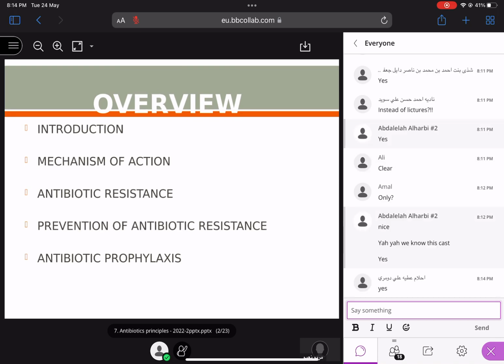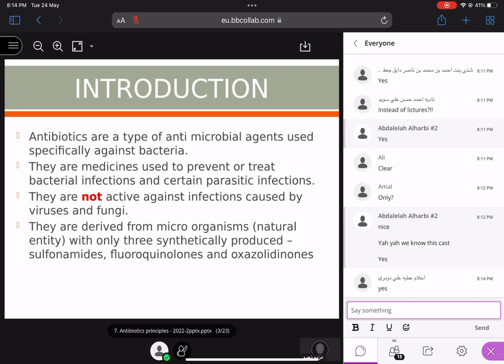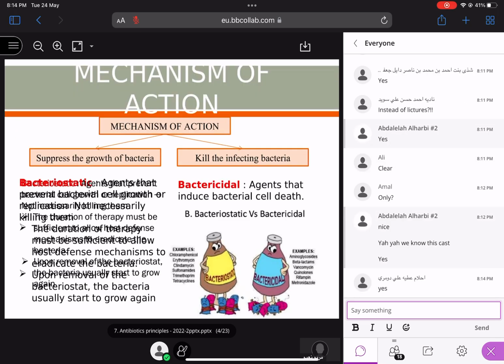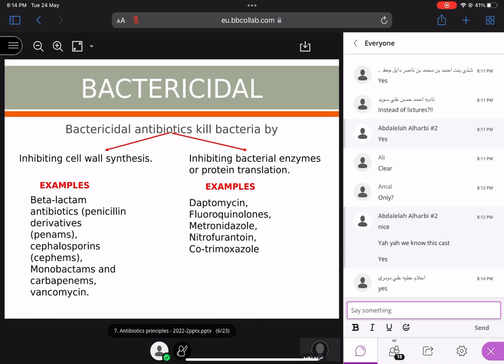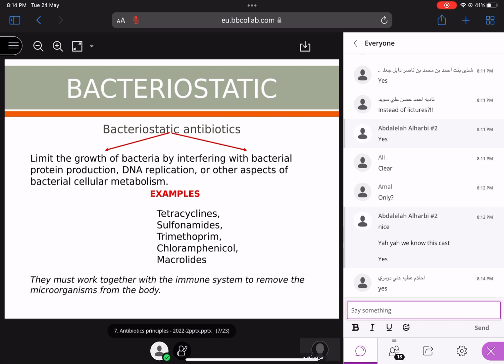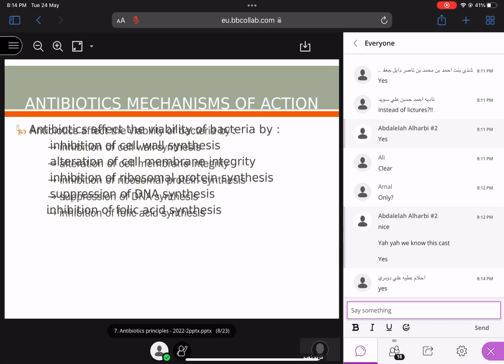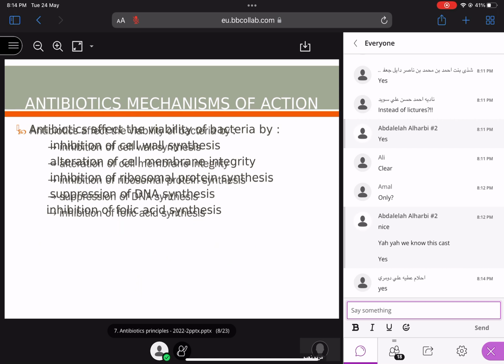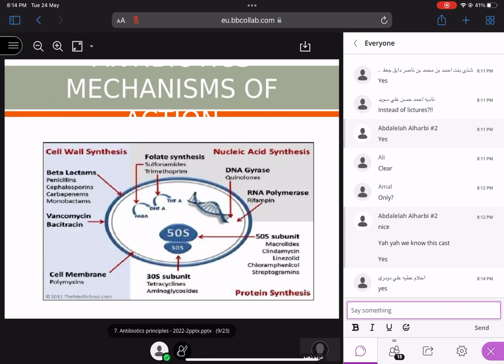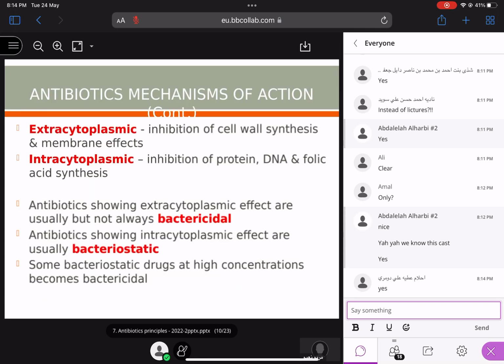Okay. So in the introduction, what is there? What are antibiotics? What is bactericidal, bacteriostatic, all these things. What is the mechanism by which antibiotics act?